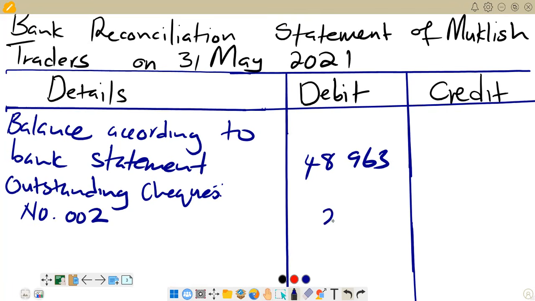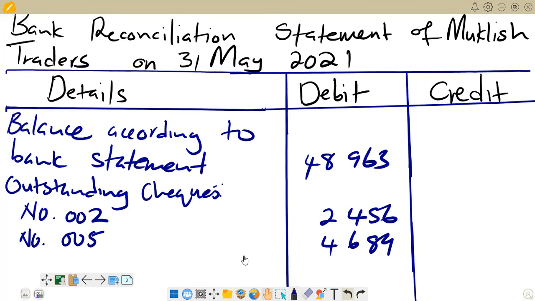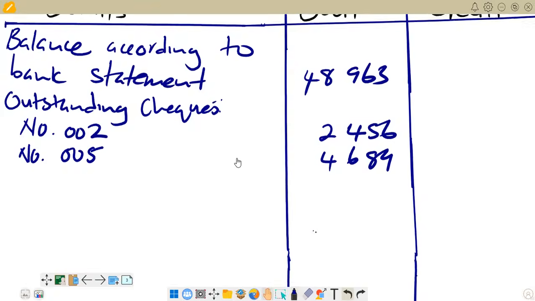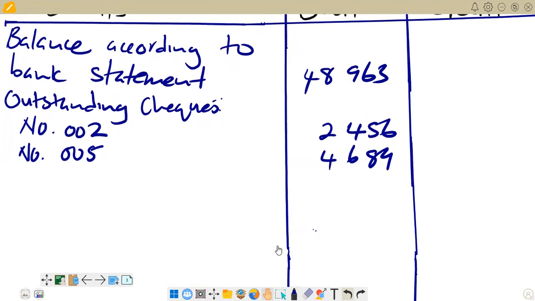We put them on the debit, 2,456. And then also we have check number 005. We have 4,689. These are the checks that we have. We still have another one there where we have the check number 009.